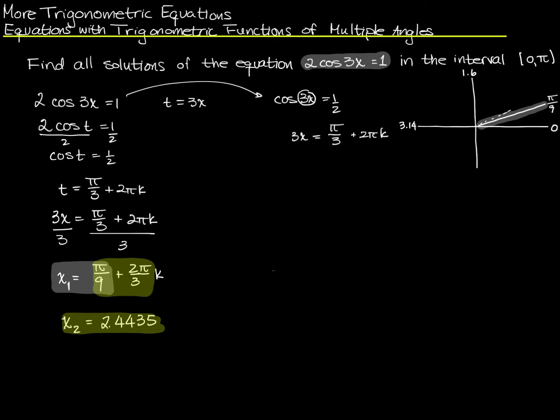So that angle is somewhere in here. I'll just call it 2.4, and I'll highlight that in yellow. I have 2 solutions so far. Now, the question is, how many solutions do I go on finding that way? I can keep adding 2 pi over 3 to previous solutions and getting more and more answers.